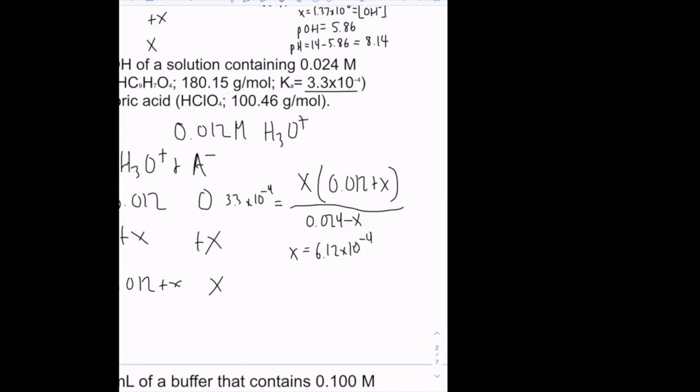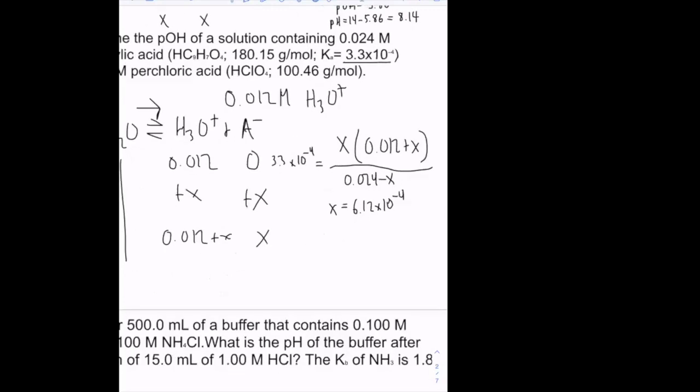Looking at what this actually tells us, X does give us the A minus concentration. However, it doesn't actually give us the H3O plus concentration. That is equal to 0.012 plus X. So to find the H3O plus concentration, I'll write that here. The concentration of H3O plus equals 0.012 plus 6.12 times 10 to the minus fourth.